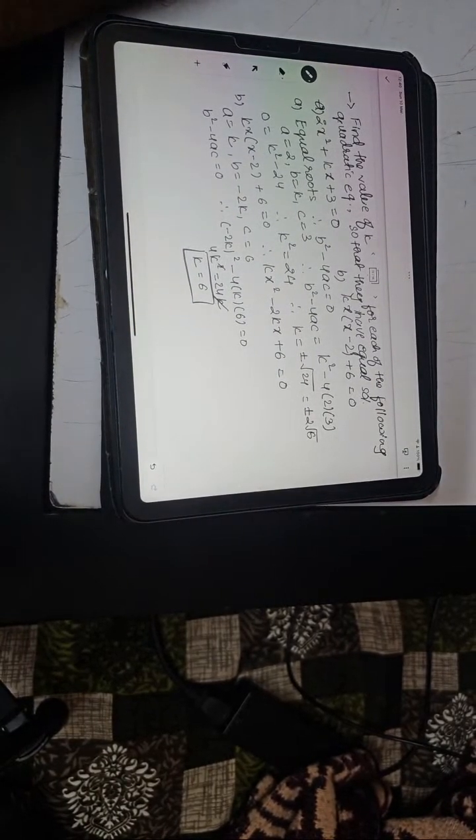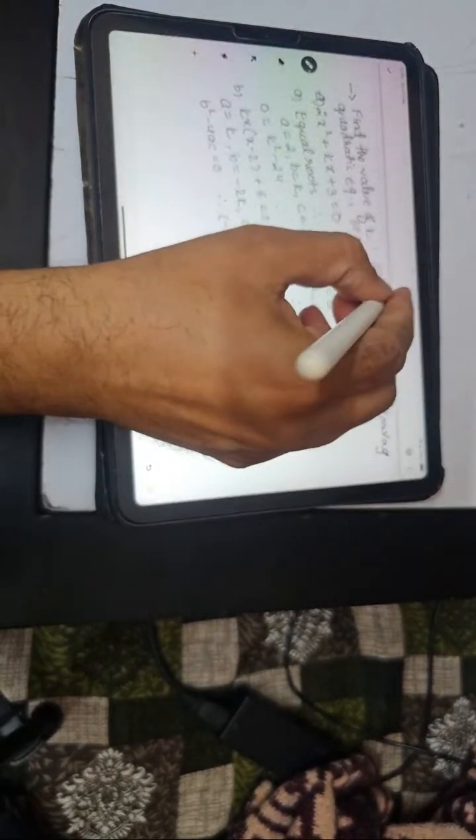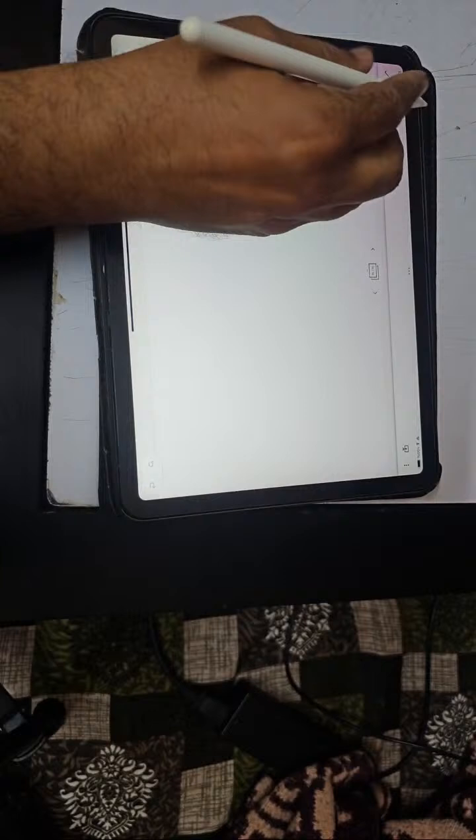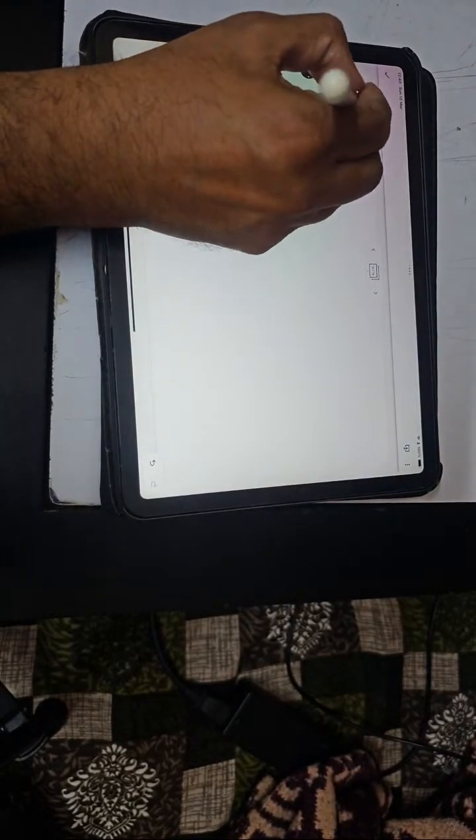Now from quadratic one more pattern of sum is asked. See, where x is given and they ask us the value of k. So see, I am taking one example for that.